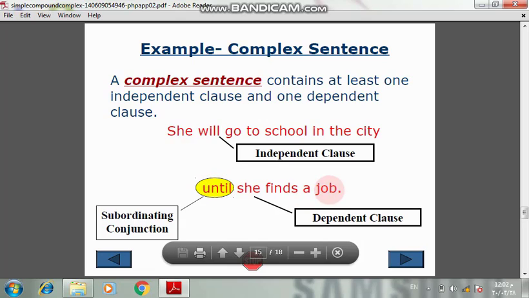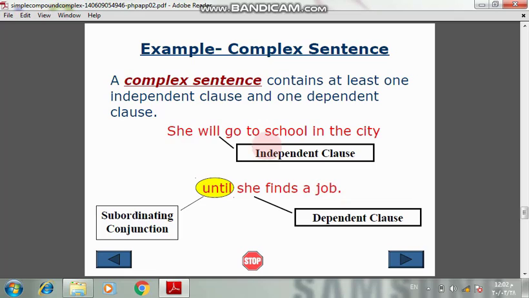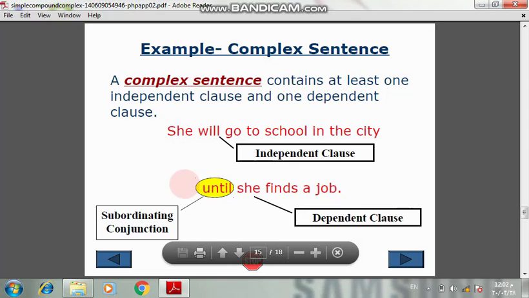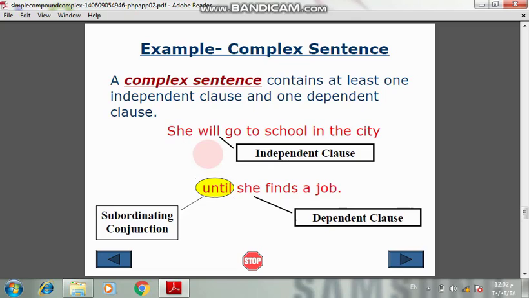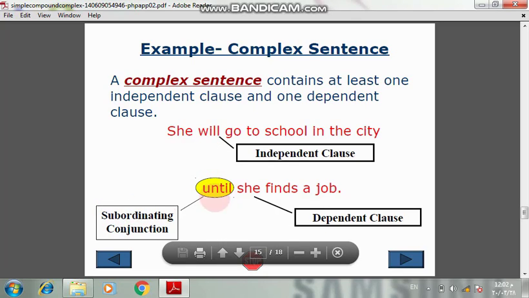No, it doesn't make any sense. But if you read both of them together, they make sense. She will go to school in the city until she finds a job. So they make a complex sentence. Until is a subordinating conjunction, and the whole second part is called a dependent clause.